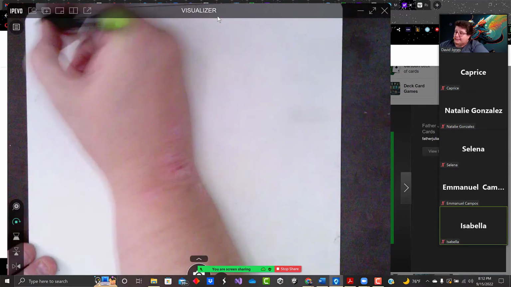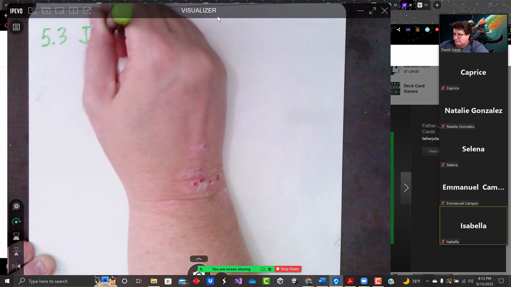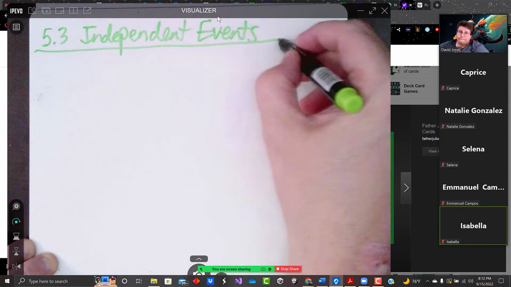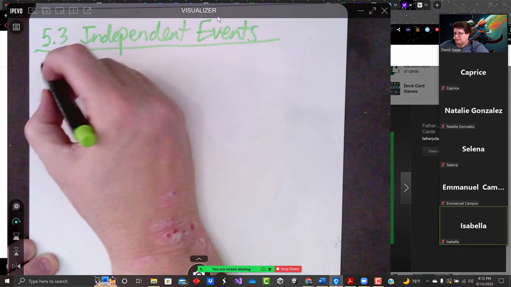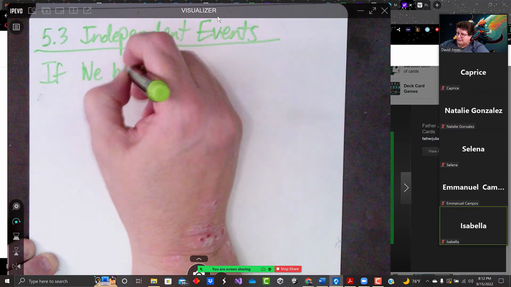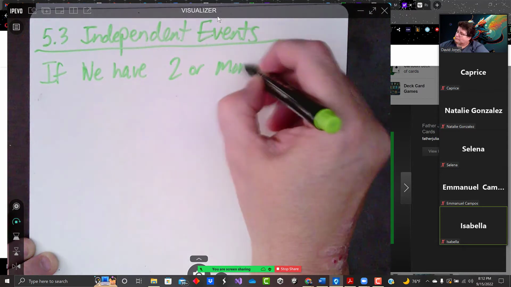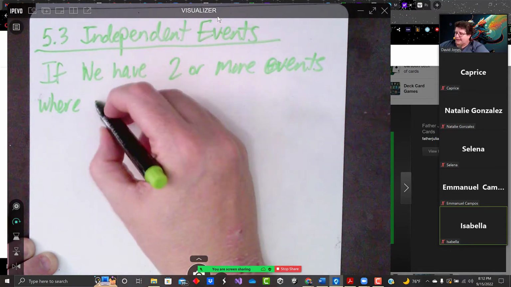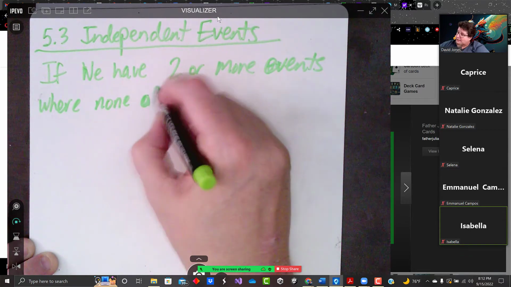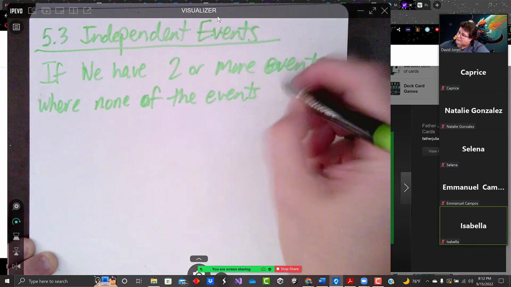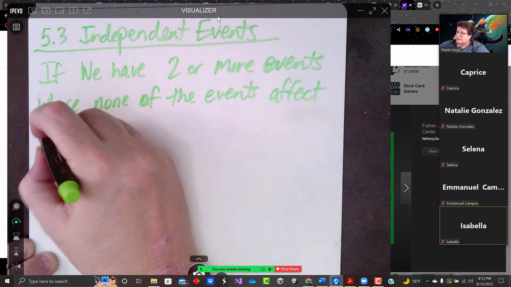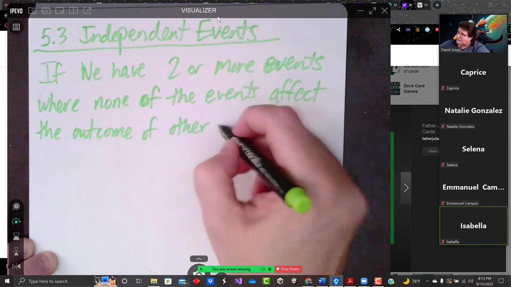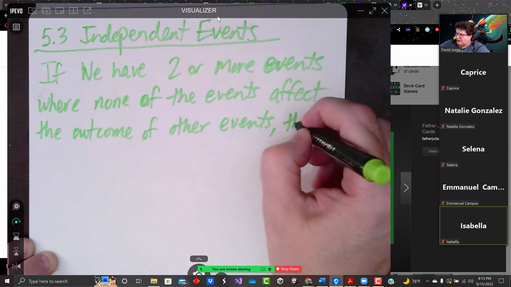5.3 is on independent events. If we have two or more events where none of the events affect the outcome of other events, they are independent.